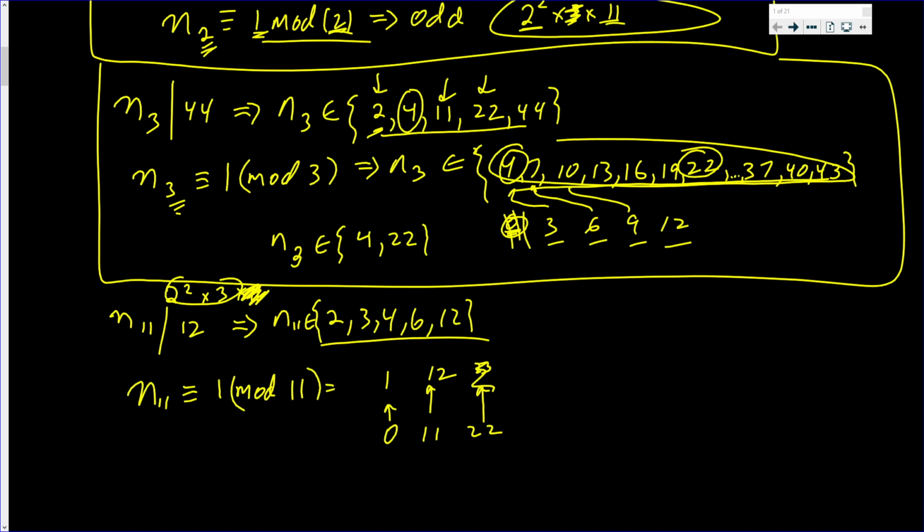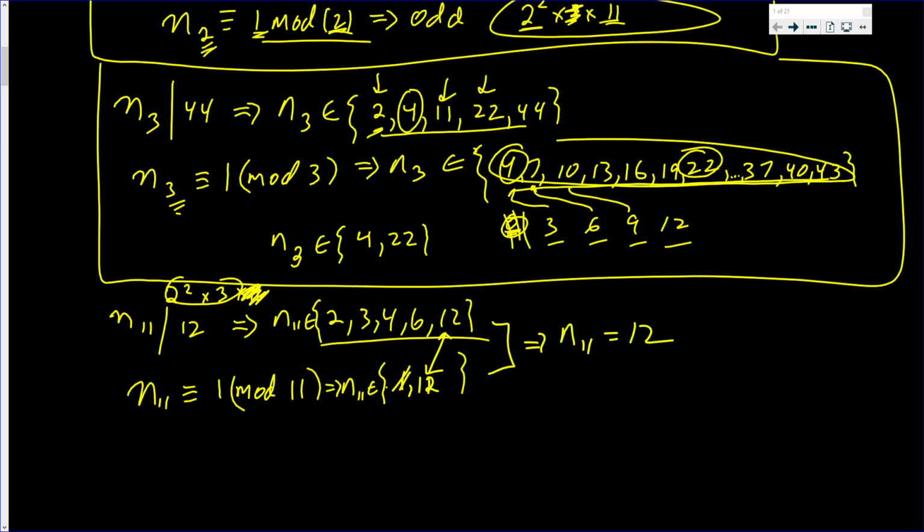So this tells me that n_11 is in this set that contains the number 1 and it contains the number 12. And we're not including 1. Well, 12 is the only number in both lists. This implies that n_11 is exactly 12.